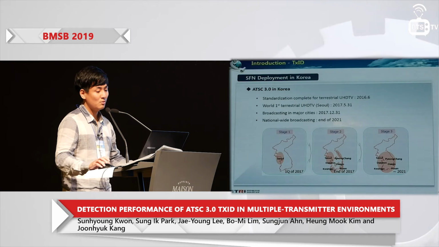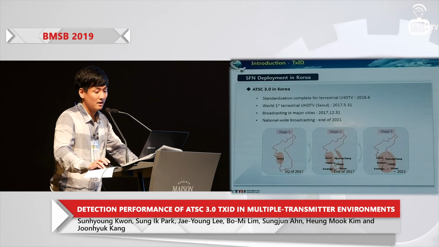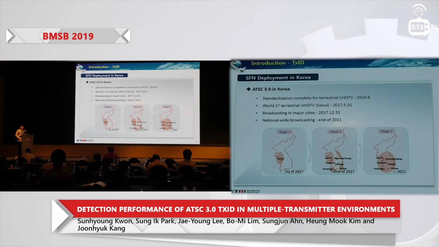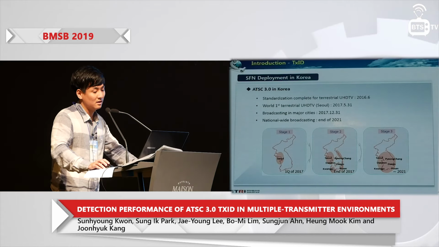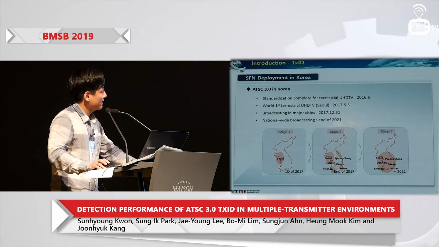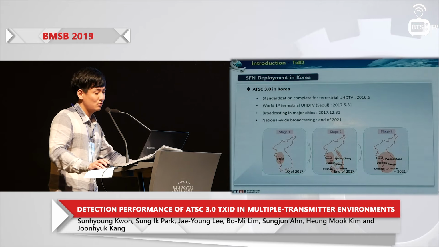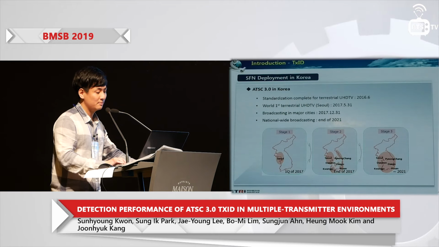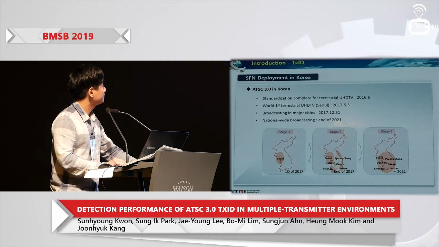At the end of May 2017, South Korea launched the world's first commercial terrestrial UHD service. And then at the end of the same year, major cities were also serviced by ATSC 3.0. For the next step, we expect that at the end of 2021, all the areas in Korea will be covered by ATSC 3.0.